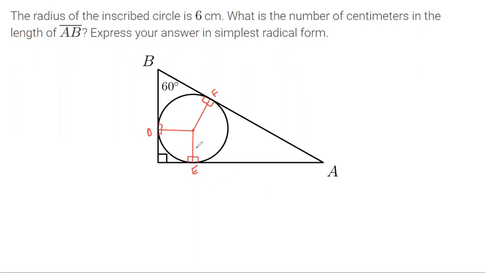Now we know the radius is given as 6, so this is 6, and this is 6 as well. So you do have three 90s, which makes this angle 90 as well, and that will be a square, because the sides are the same and the opposite sides should be the same as well. So these are 6 as well.